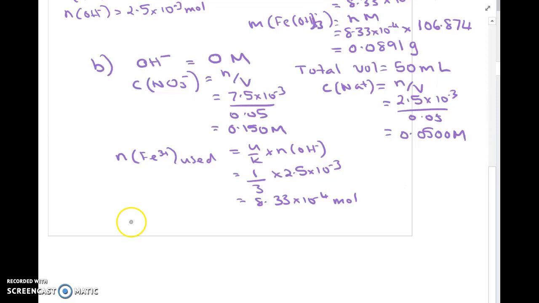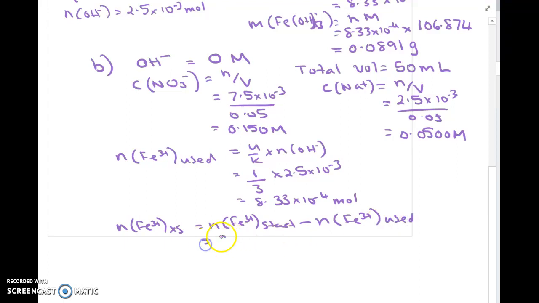Next, the number of moles of iron 3 ions in excess equals the number of moles of iron 3 ions from the start minus the number of moles used, which is 2.5 by 10 to the negative 3 minus 8.33 by 10 to the negative 4, and comes out to 1.67 by 10 to the negative 3 moles.